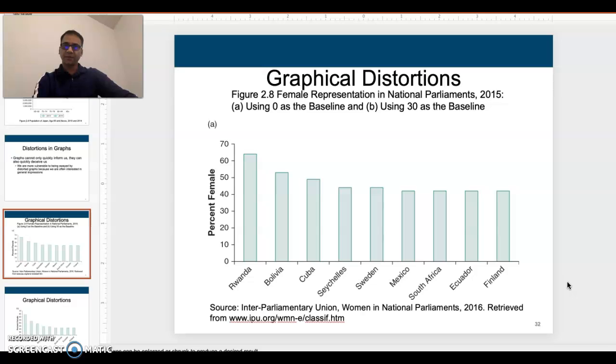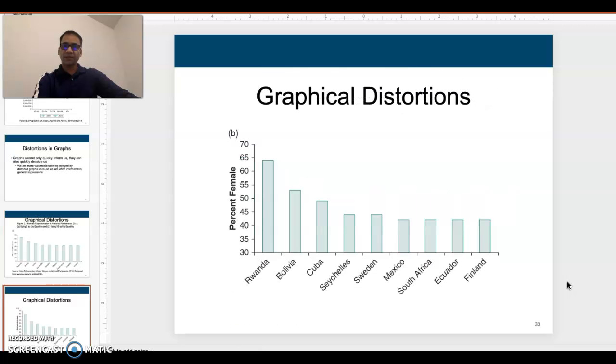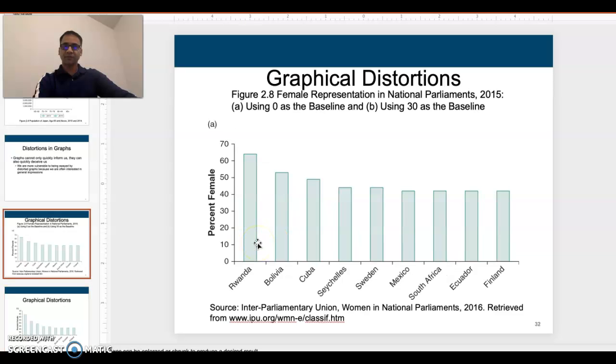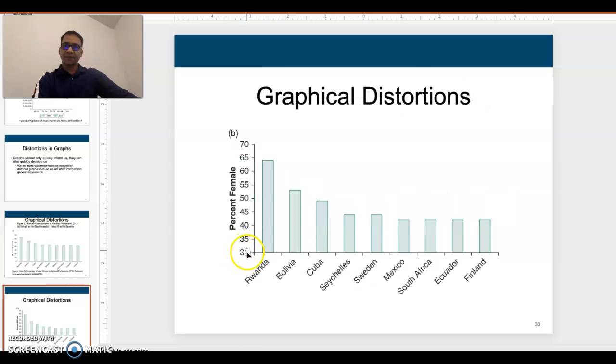In the first graph, you can see the percent of females starts from 0 till 70. In the second one, it starts with 30 and onward, 30, 35, and the range in the first is 10, 20, 30, 40, 50, so a 10 interval, and here it is like 35 to 40, a gap of 5.